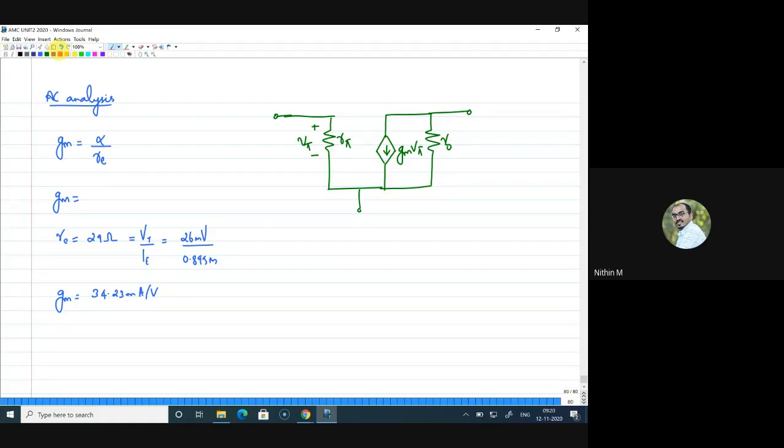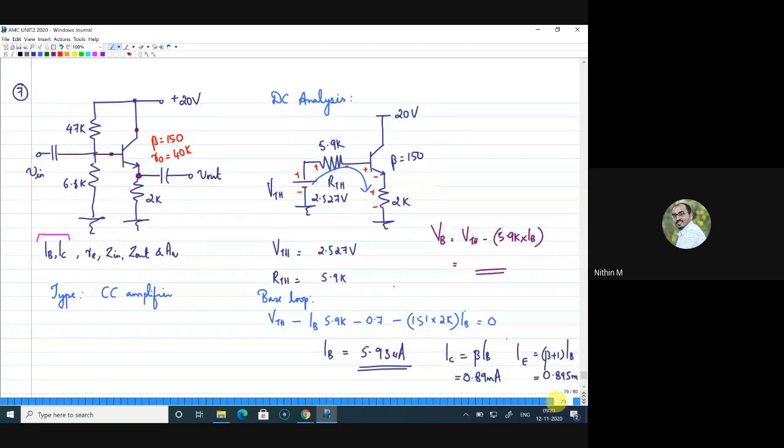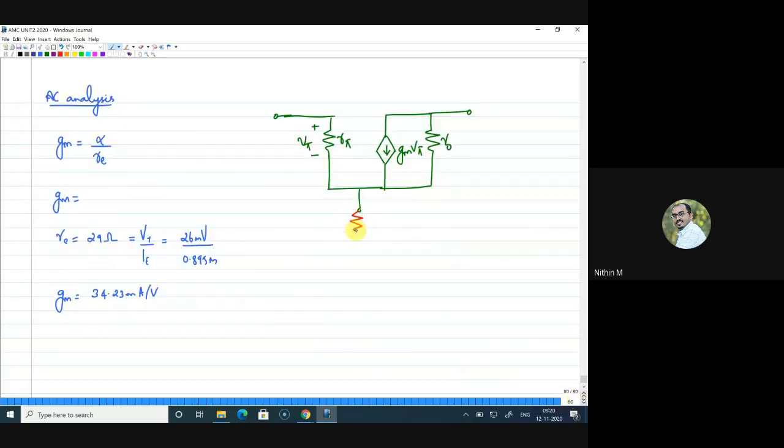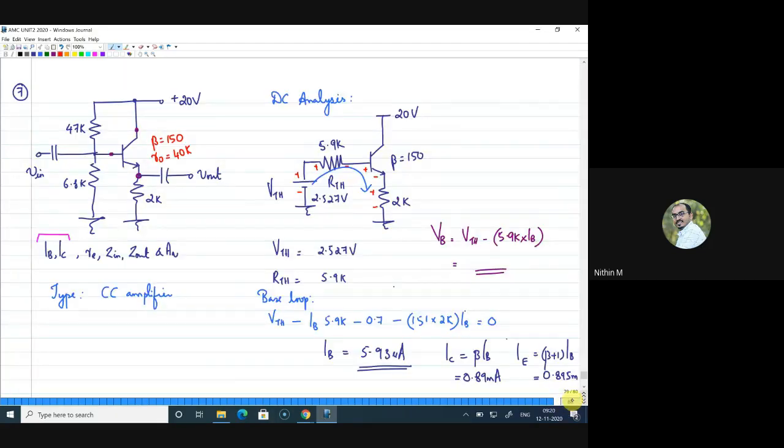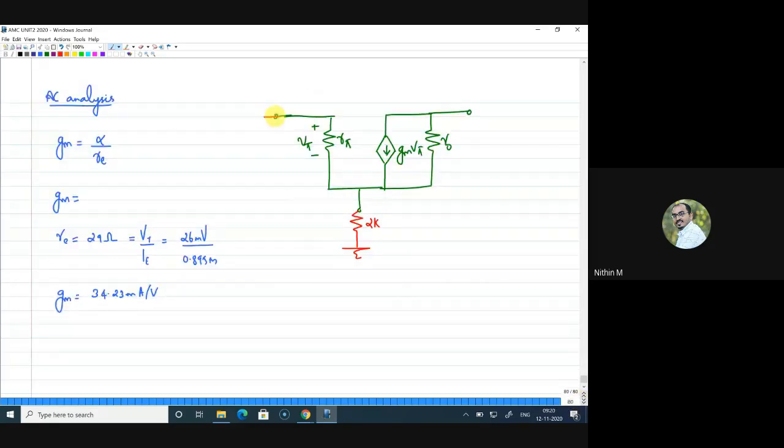Okay, so I'll explain it here. This is your circuit diagram. At the emitter, you have to add this 2K resistance. Then you have the resistance RTH, which has to be connected from this point to ground.